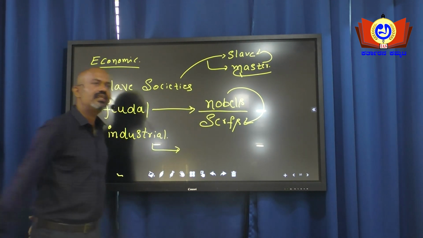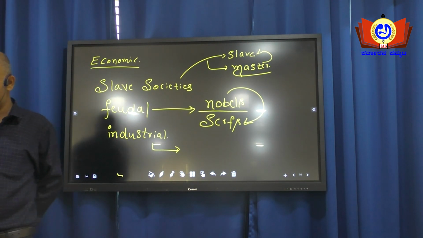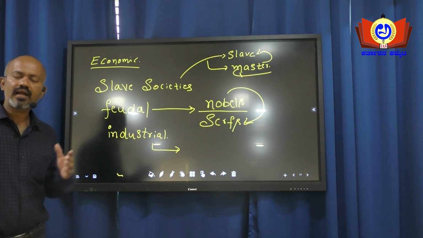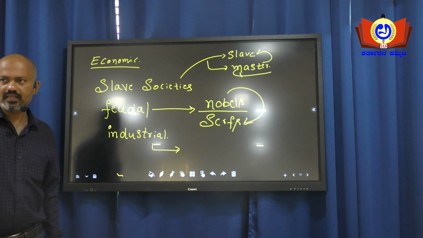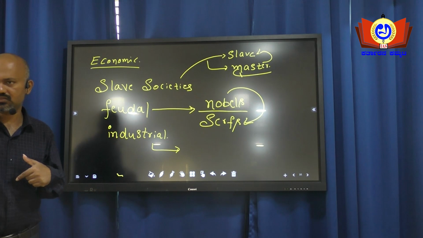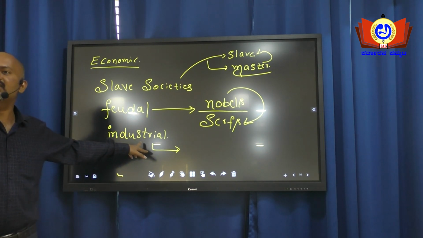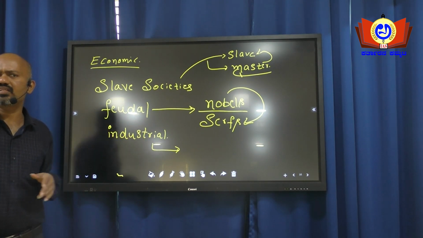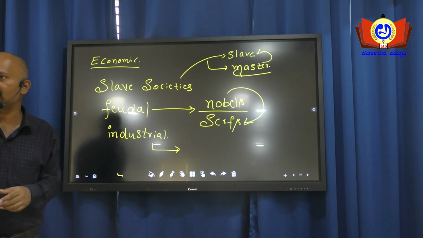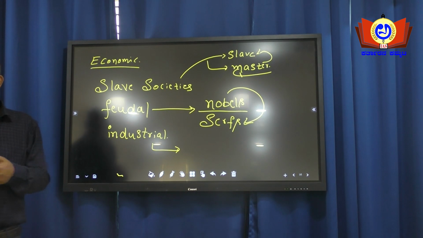Industrial society. See, in industrial society, people do not produce for personal consumption. People produce for market use. I am doing production because of market use, not for my home use. Take the example of a water bottle manufacturer. I am not manufacturing water bottles for my own use.